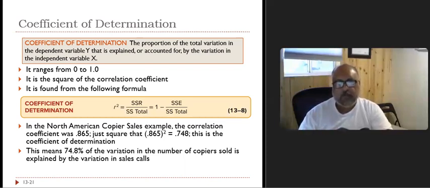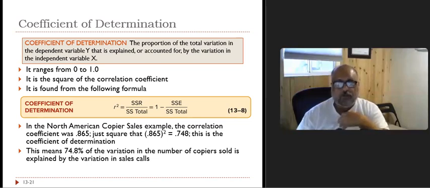And SSE is the error sum of squares. It measures the unexplained variation, or error. It captures the difference between the actual data points and the predictive values from the regression line. Essentially, it quantifies the deviation of the actual values from the predictive ones.